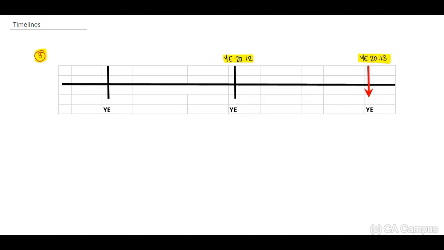Now, when we look at 2012, you will remember they've indicated to us that the sales for this year was 80,000. Therefore, first, we will have to take out the sales transaction, because if we think about our trial balance, the sales and the cost of sales will be pretty skewed.